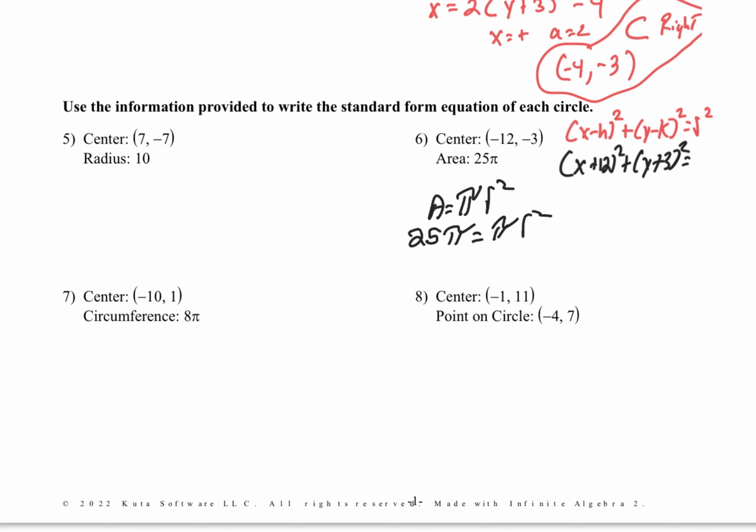Because area equals pi r squared is how I find the area of a circle, and that's what they give us. So I can replace that A with 25 pi. Now divide by pi, and you get r squared is equal to 25. Now there's no reason to find the square root of that because our formula is r squared. That's your answer. And you're done.